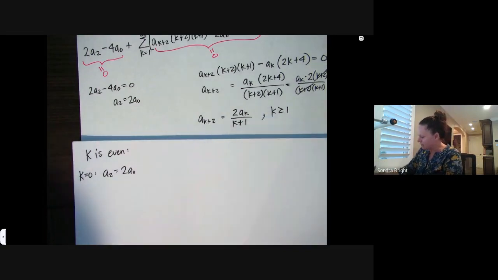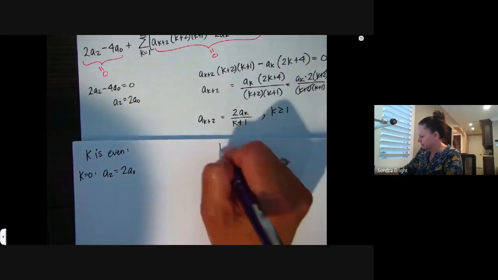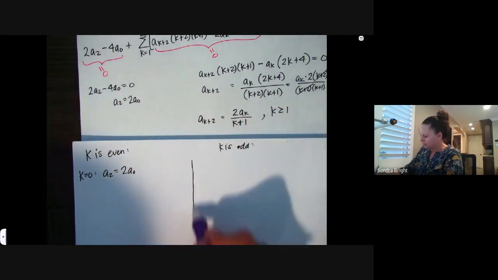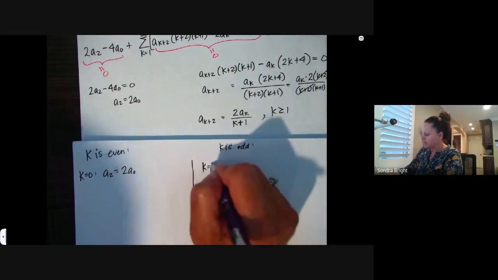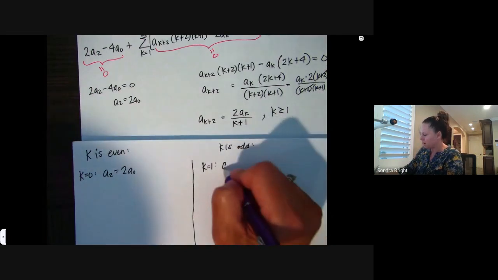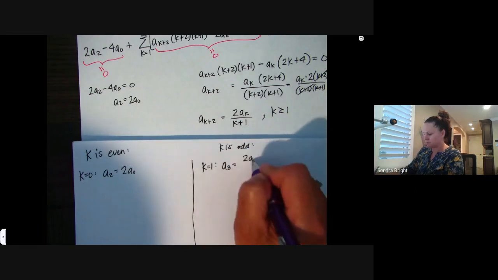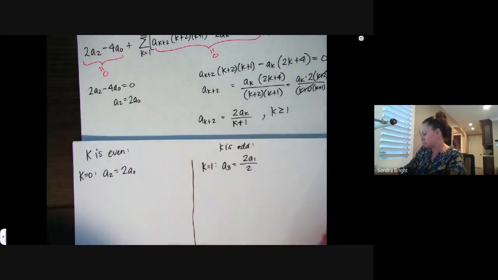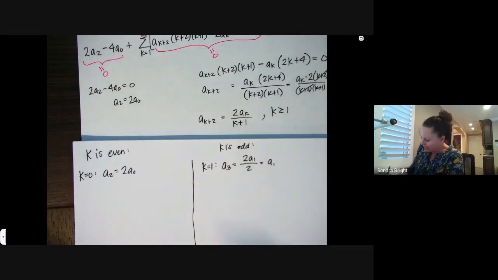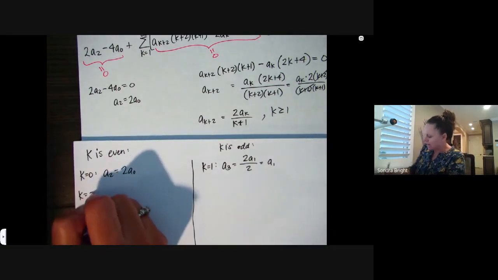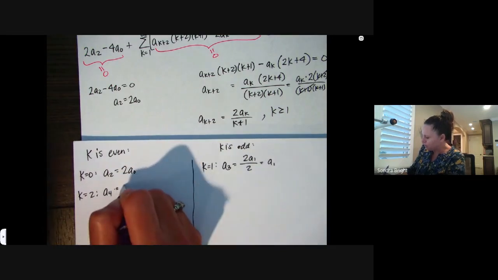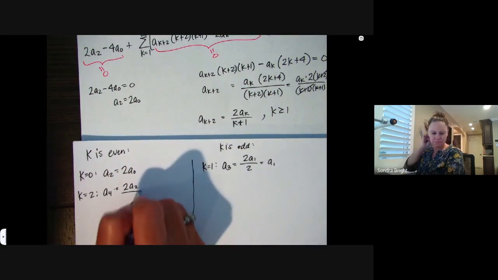When K is odd, when K equals 1, I would have A3 is equal to 2A1 over 2. Oh, well, that's just A1. Now, when K is 2, you would have A4 is equal to 2A2 over 3.